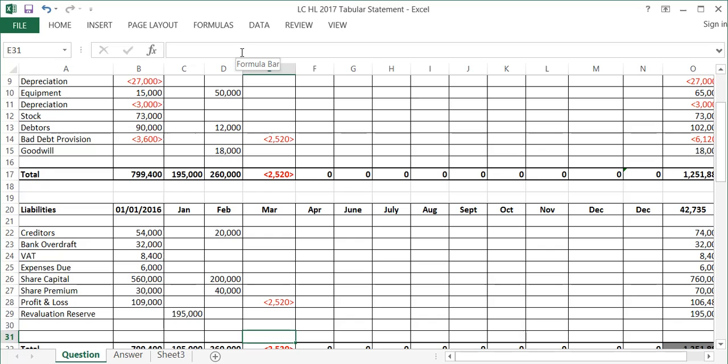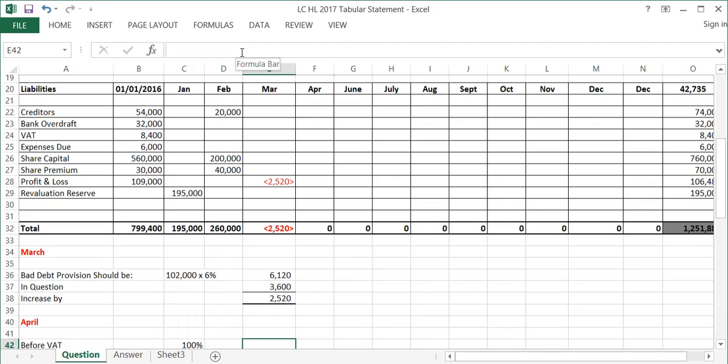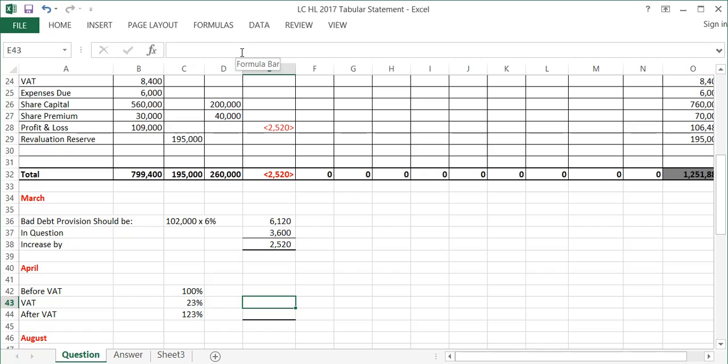In April, they purchased goods on credit for 14,760, and this included VAT at 23%. Okay, so again, we're going to do a little working for this. So we're going to have before VAT, VAT, and after VAT. So the goods were purchased for 14,760, which includes VAT. So that 14,760 includes VAT of 23%.